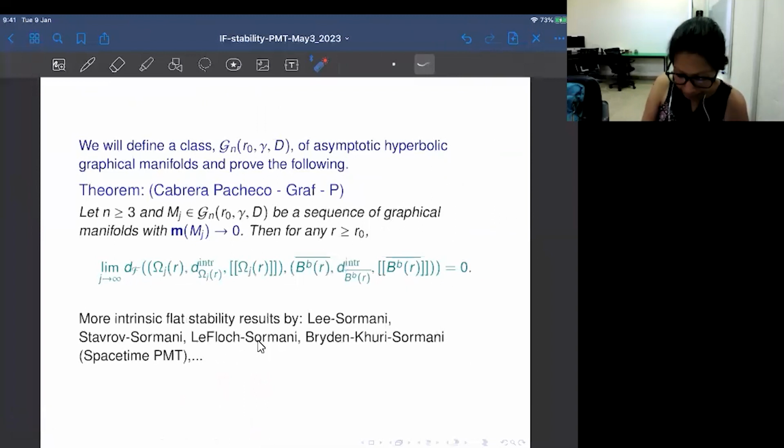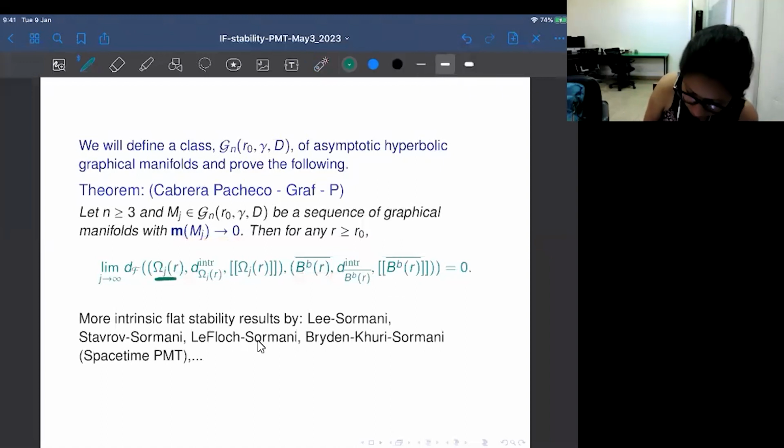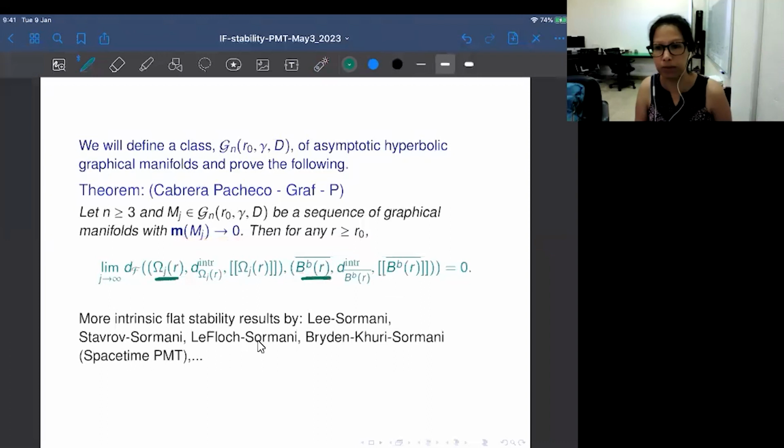We are going to define a class of manifolds that are going to be asymptotically hyperbolic, and we will prove that given a sequence in this class with mass going to 0, then these regions that I defined in the previous slide will converge in intrinsic flat sense to the ball in the hyperbolic space. Okay, these other two things are notation of intrinsic current spaces. I will say later what this means, but for the moment we have convergence of these regions to this ball in the hyperbolic space.